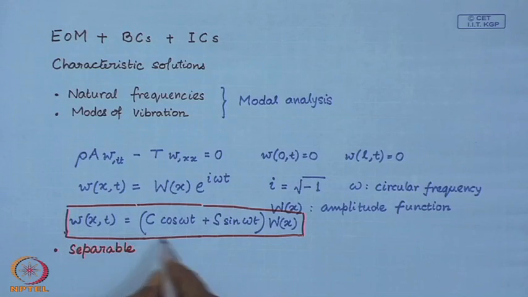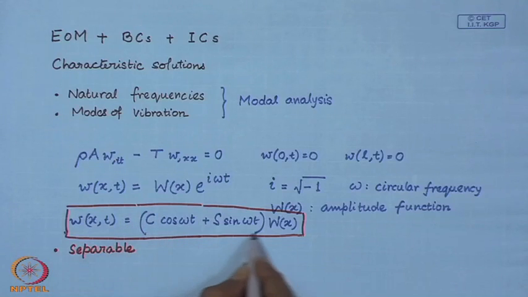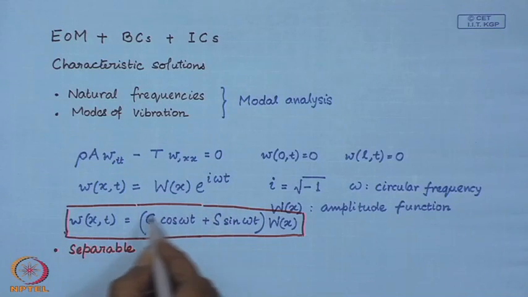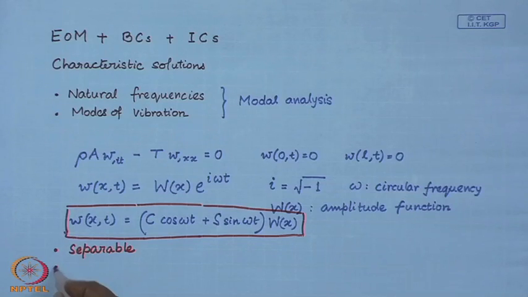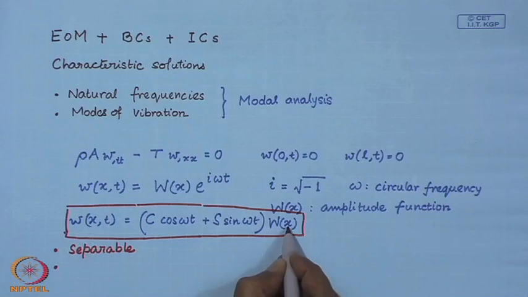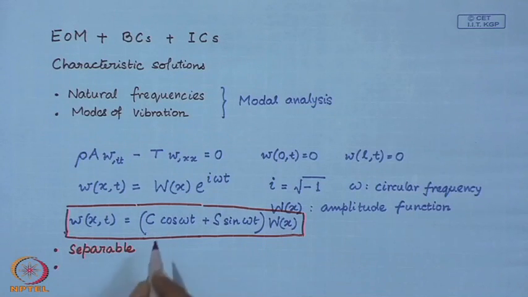Then the temporal part of the solution can become 0 at a certain time instant. In that event, for all x the solution is 0, which means that the motion of the string or the continuous system passes through the equilibrium point, all points pass through the equilibrium point at the same time.